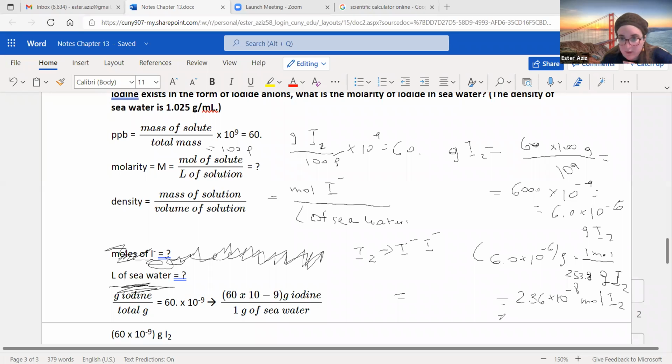So you have to multiply this number by 2 to find the moles of iodide. If you multiply the number by 2, it's 4.73 times 10 to the negative 8 moles of I minus.